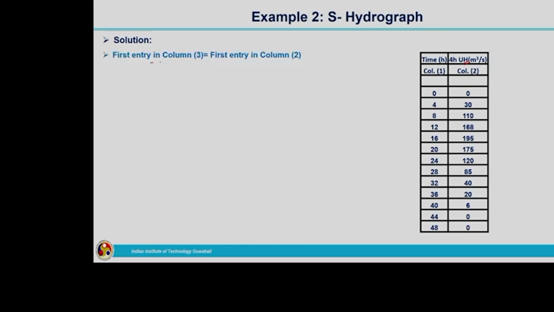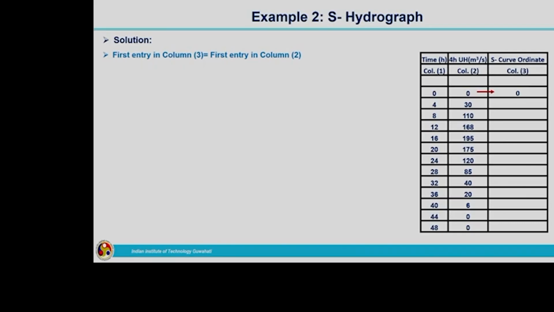So, first entry in column 3 is the first entry in column 2 itself, because S hydrograph ordinate and the unit hydrograph ordinate at time t is equal to 0 is same as 0. So, that will be written over and that is giving us the S curve ordinate. After that what we are doing?